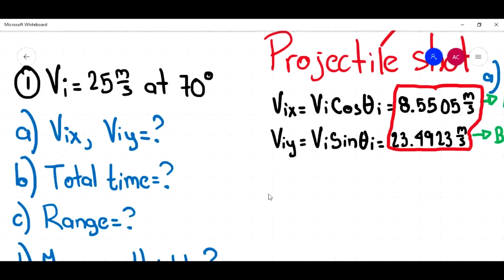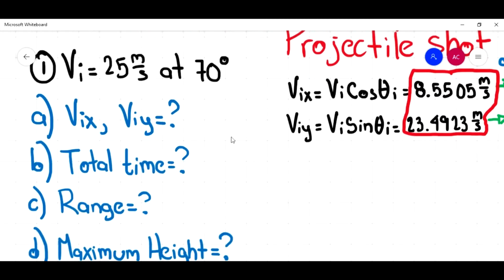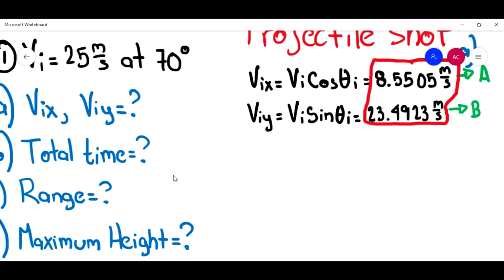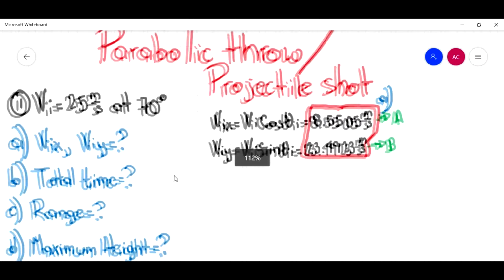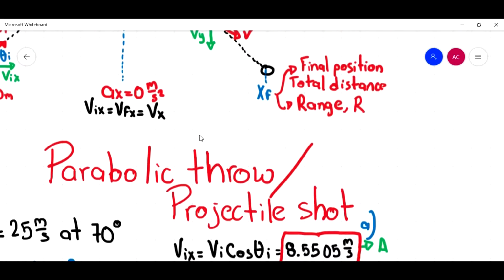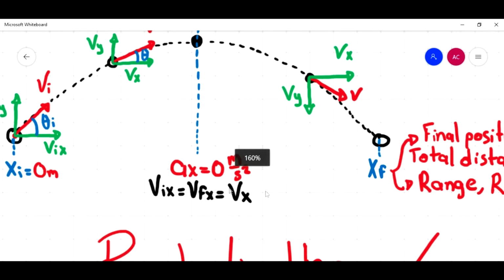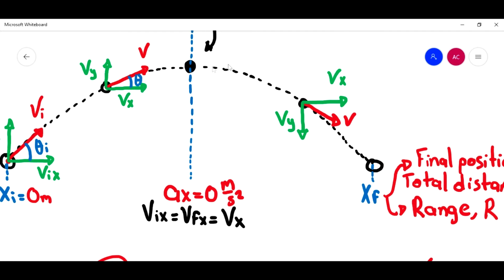Okay, now letter B, it says total time or range or maximum height. Okay, so I'm going to write a formula, and this formula comes from the formula of horizontal throw. Because remember that if you see this second part of the problem, this angle over here is 0 degrees.